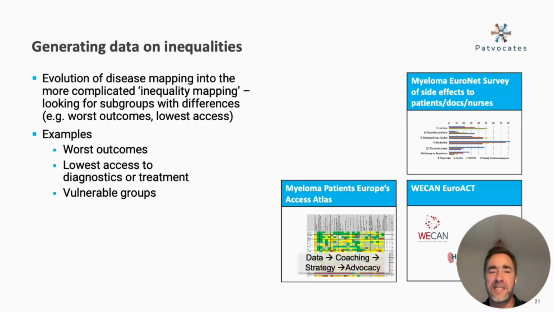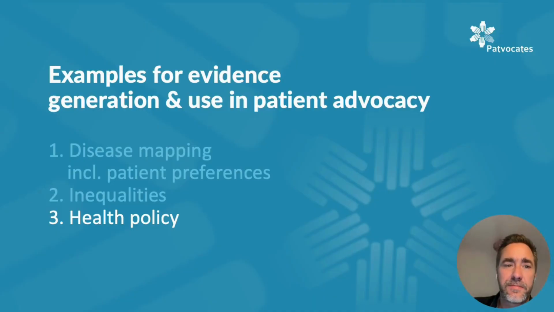Of course, seeing the West-East divide that we have in Europe on access to therapies. And they collected evidence from healthcare systems, from pharmaceutical industry, from the patient organizations, and brought that into a visual tool to understand how different access is across Europe, and are using that on the national level and also European level to lobby for change.